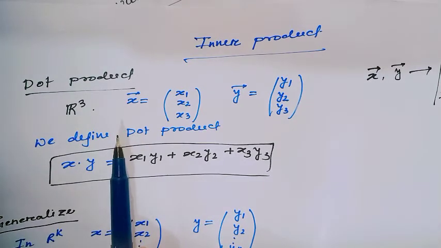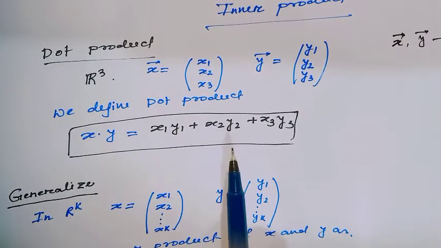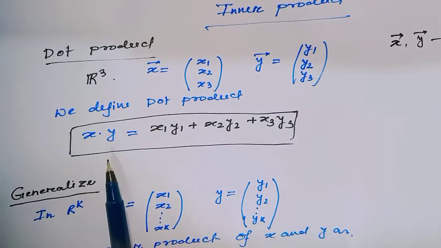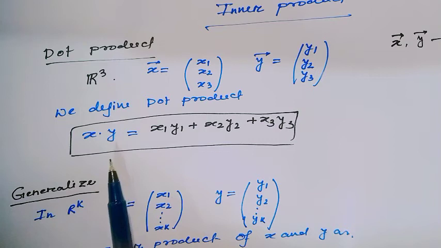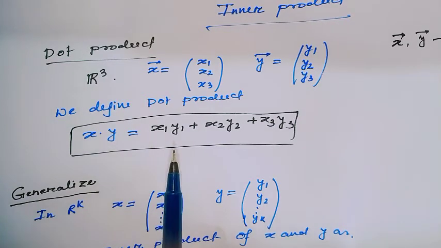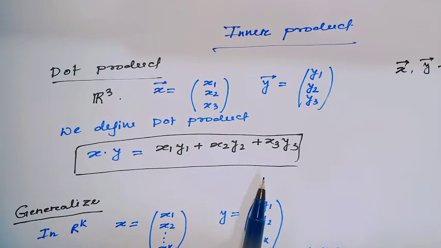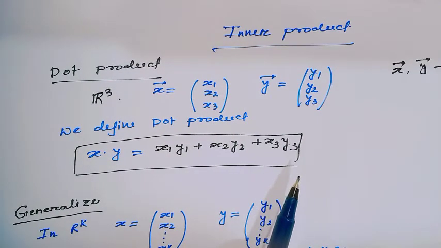Consider R3. Now consider two vectors x and y. Now define the dot product as x dot y equal to x1 y1 plus x2 y2 plus x3 y3.